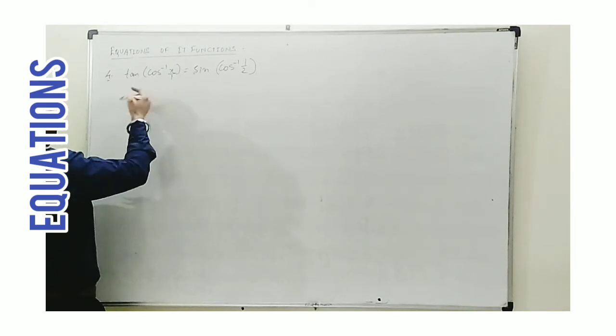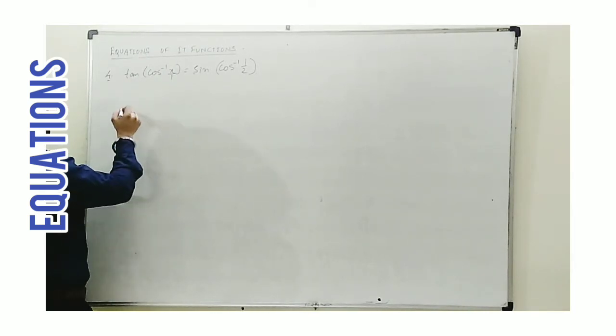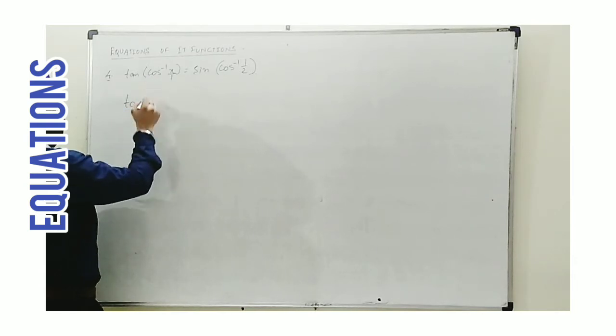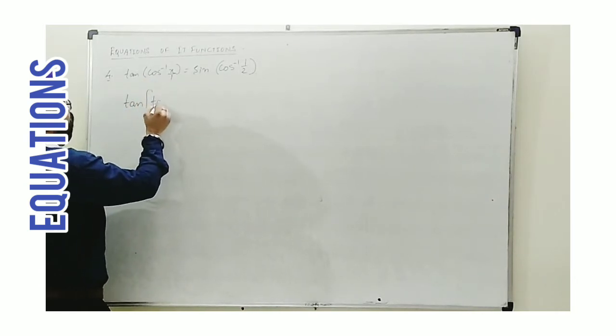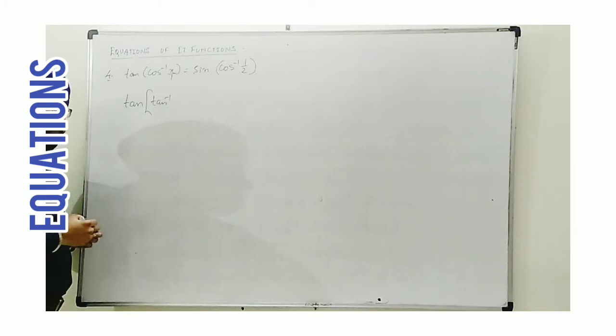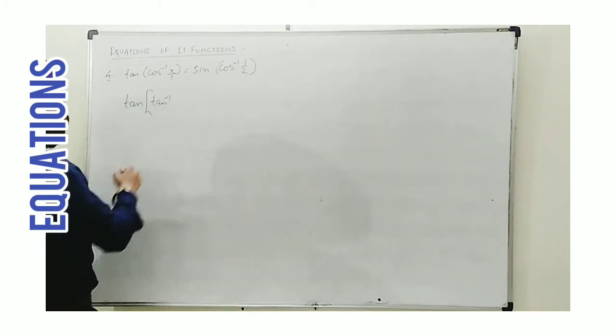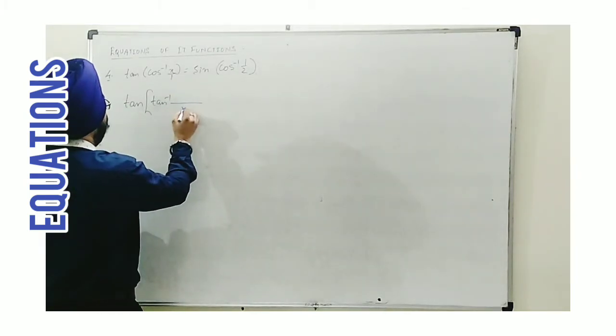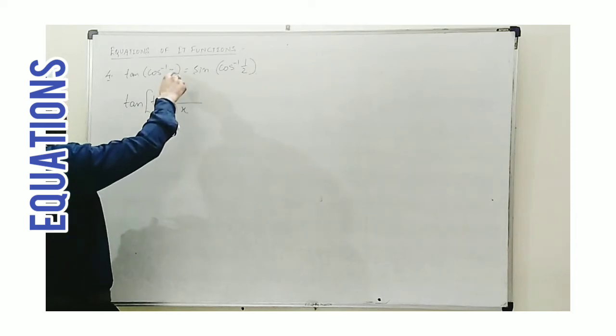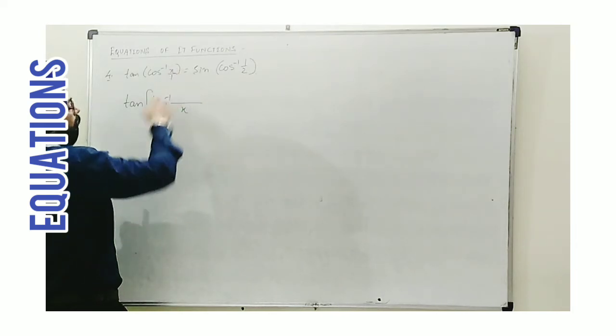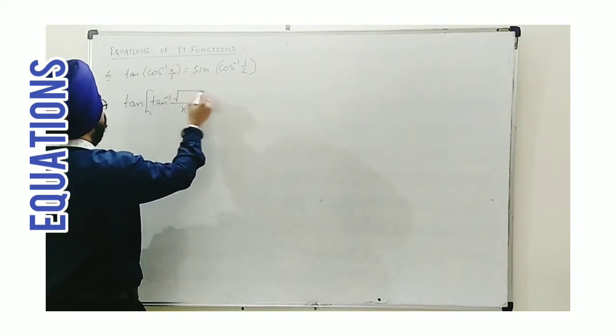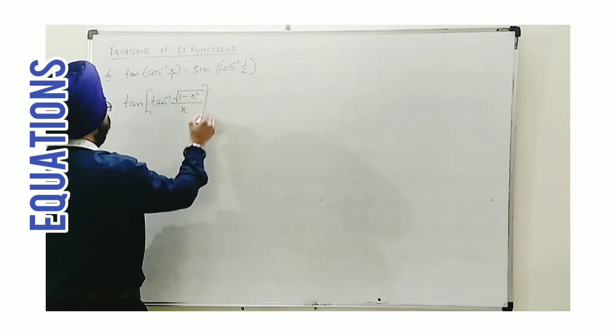So we will try to apply the cancellation law, and obviously as they are not similar, that's why we will use Pythagoras theorem also. For left hand side, as I see, this is cos inverse x, which can be written as x upon 1, being base upon hypotenuse. Okay, so as I see outside it is tan, so we will convert this in tan inverse. We will write tan inverse perpendicular upon base. So base obviously will be x, and perpendicular we will obtain by applying Pythagoras theorem these two values, and we will have under root 1 minus x square.